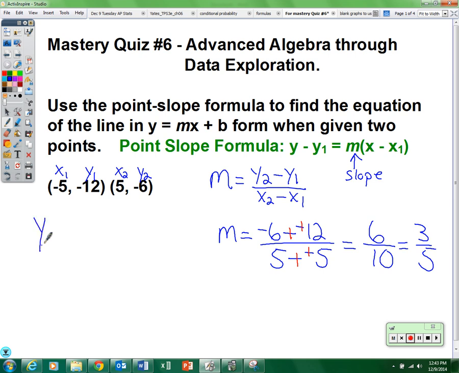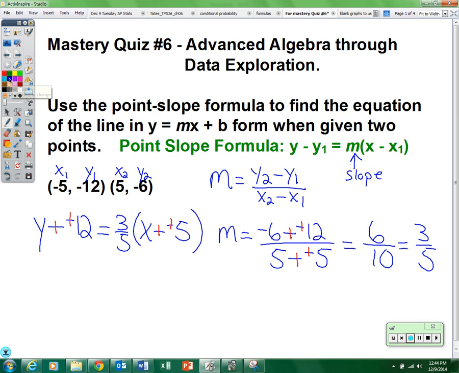So we take y minus, replace y1 with negative 12, equals the slope, which is 3/5, times x minus x1 is negative 5. Again, you see that we have a minus a negative, so switch those. Minus negative plus positive, minus negative plus positive.